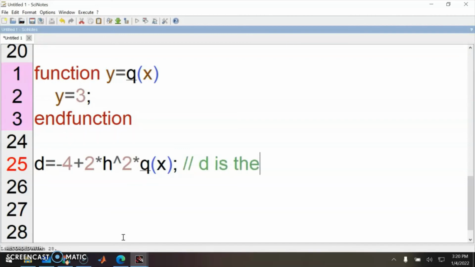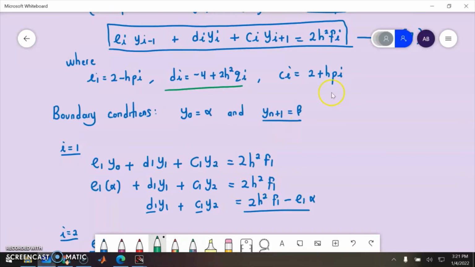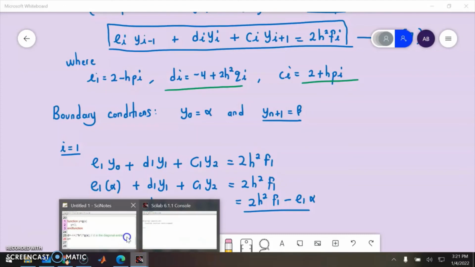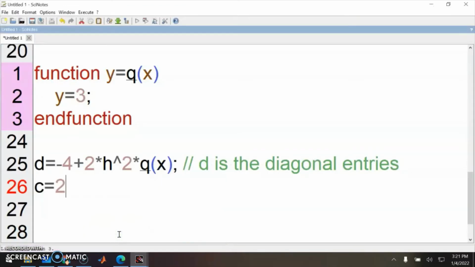I can write some comment here: D is the diagonal entries for my matrix. Then I will have C. Look at the C function, this is my C: 2 plus h times p function. So I have 2 plus h times p(x).